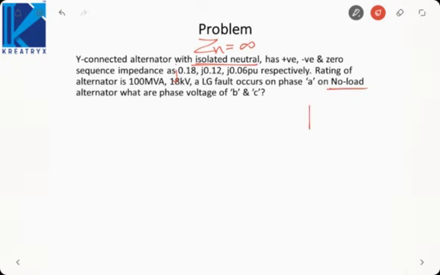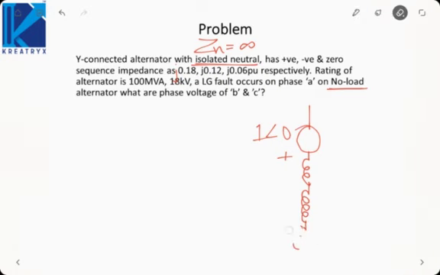Now if we draw the equivalent circuit, all the sequences will be connected in series: positive, negative, then zero. The neutral impedance is actually infinity, so it will be open circuited.